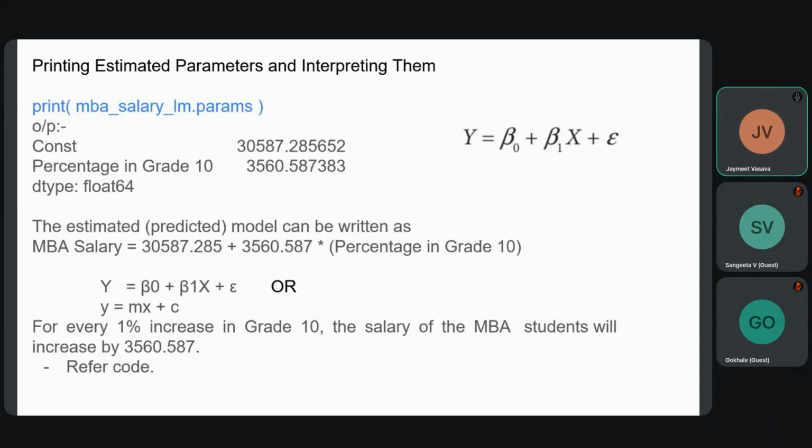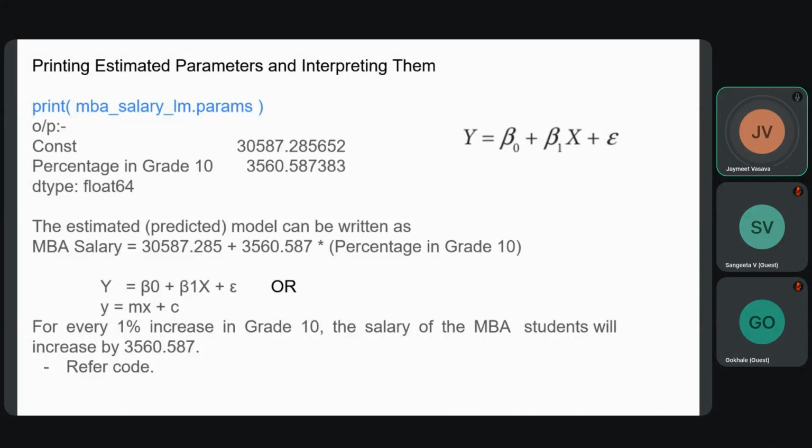So the MBA salary equals 30587.285 plus 3560.587 multiplied by the percentage in grade 10, which is nothing but the representation of the functional value that we have presented for the simple linear regression.